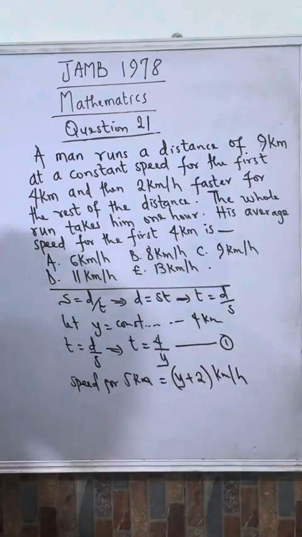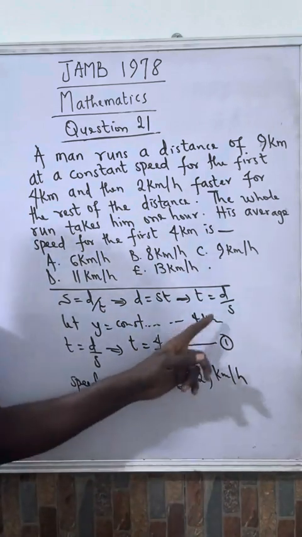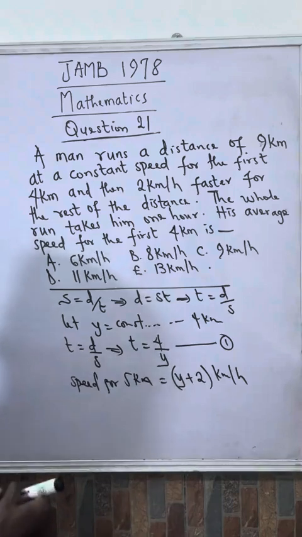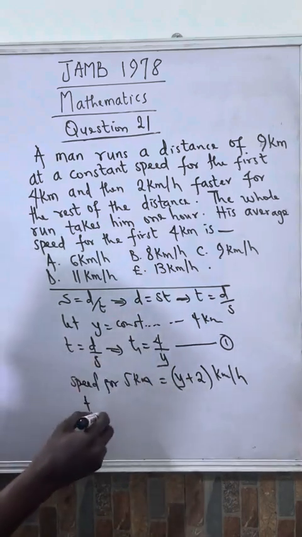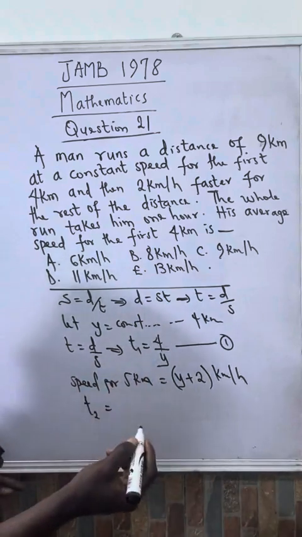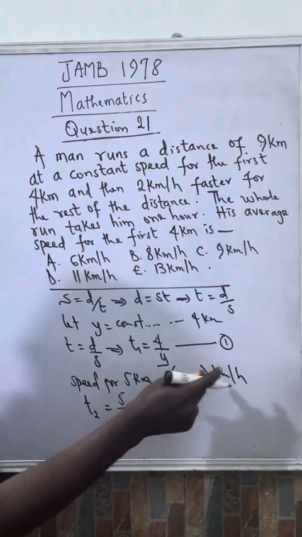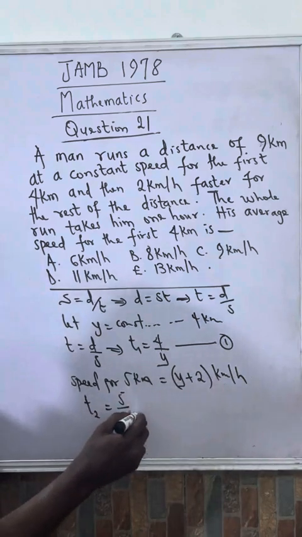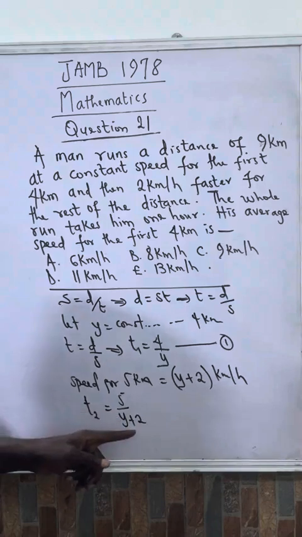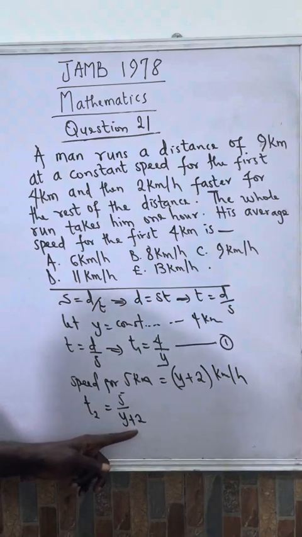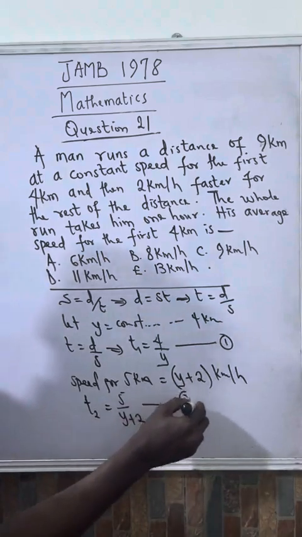In that regard, we can easily write the time taken for this also. Let's call this one T1, T2 for the remaining part of the journey. That will be distance, which is 5, all over speed, which is y plus 2. You see that the remaining distance is 5 kilometers, and the speed for that is y plus 2. So we can call this equation 2.